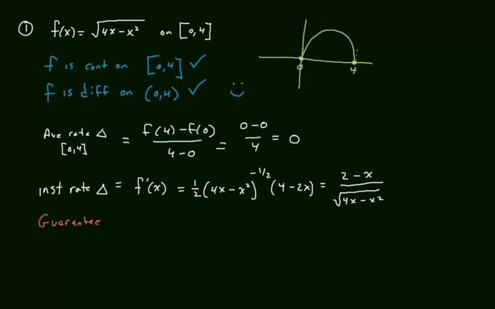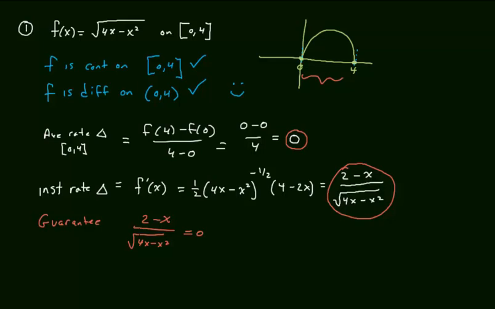Now, the guarantee is that the instantaneous rate of change will equal the average rate of change somewhere between 0 and 4, at least one time. You could probably guess it based on the diagram, but we're going to find this mathematically. So the guarantee is that 2 minus x over the square root of 4x minus x squared equals 0 somewhere.